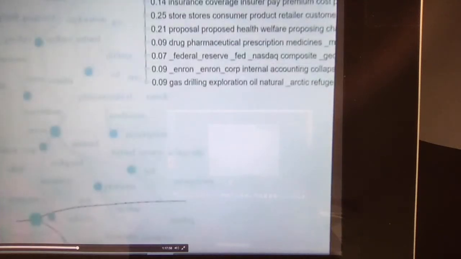And this part of the model is about different companies in different sectors of the economy. For example, here we got natural gas, oil drilling, exploration. And this one we got medicine.